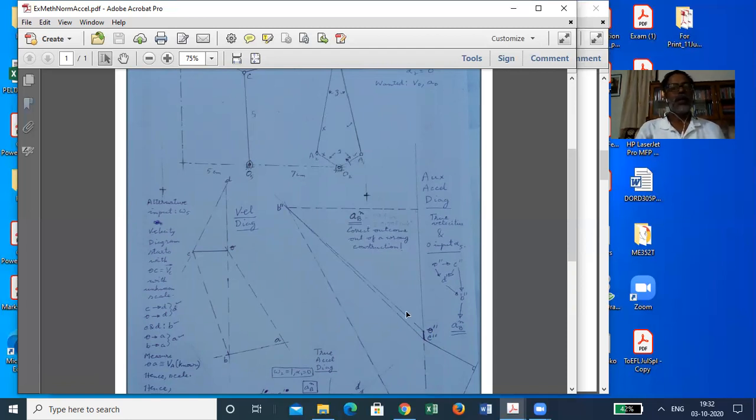Then from C, you proceed towards D. That will be centripetal, that is normal component of the relative acceleration, from D to C, this way. Okay. From here, you draw the vector this way. Okay, and that magnitude you know, that is velocity of D relative to C squared divided by length CD.